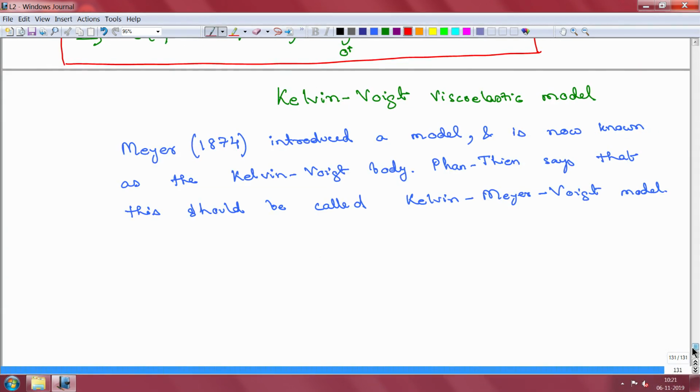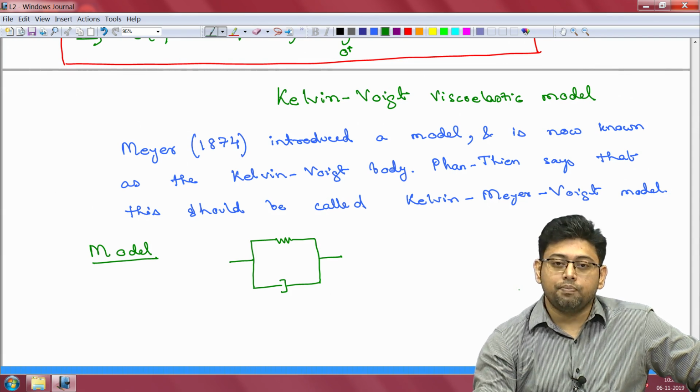Okay. So, let us look at this particular model. What is this model all about? Now, instead of placing the spring and the dashpot in series, the spring and the dashpot are placed in parallel.